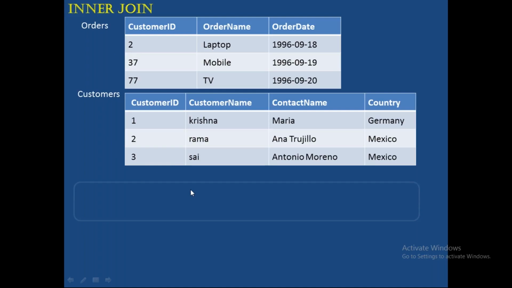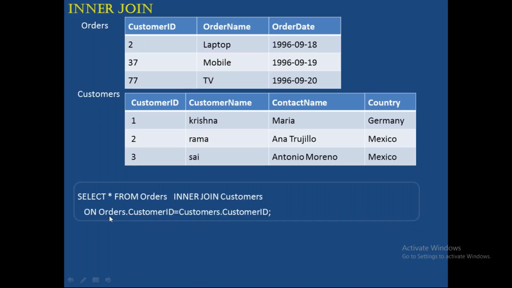Then you need to go with an inner join. How to write an inner join? Select star from orders inner join customers. This is the orders table, and I am joining with customers, on the condition that orders.customer ID should match customers.customer ID. Meaning this column data in this table should match this column data in the other table.